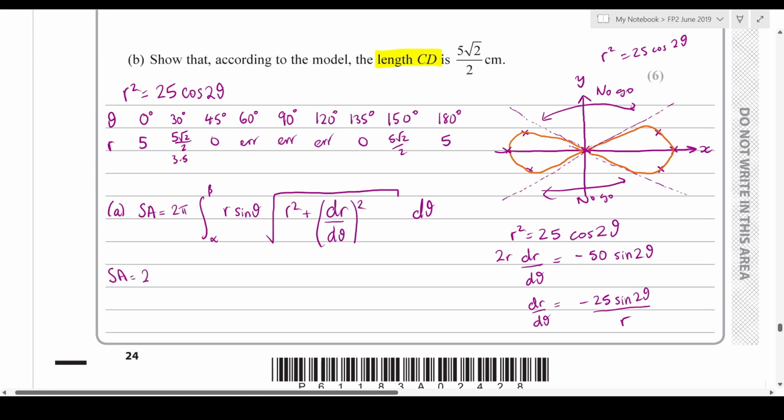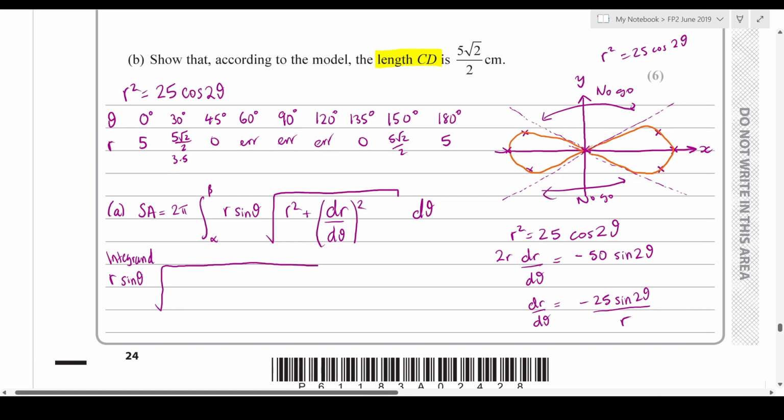So we've got 2 pi times the integral between alpha and beta. And rather than worrying about the integral bit, let's just work out the integrand, the bit inside it. So I've got r sine theta. The bit inside the integral is called the integrand. Sometimes it's nicer just to work that bit out rather than copying down integral signs loads of times and worrying about your notation.